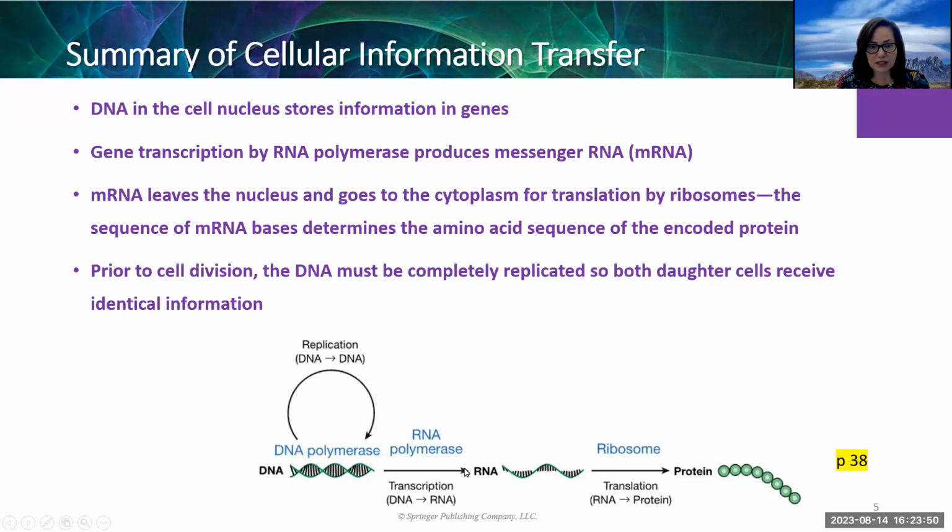That's the transcription step. And then that RNA, in order to finally finish this process of gene expression and be made into a protein, has to connect with organelles called ribosomes. The message that's carried in this RNA is referred to as messenger RNA. There are a couple of other kinds of RNA that we will touch on.